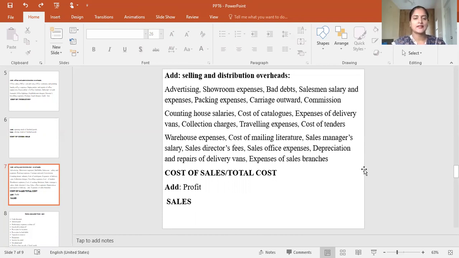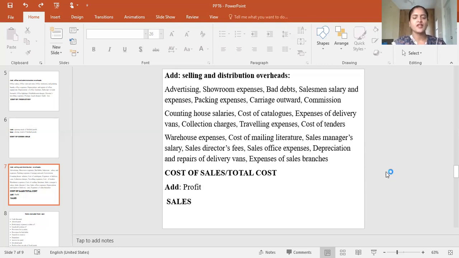That is advertising, showroom expenses, bad debts, salesman salary expenses, packaging expenses, carriage outwards, commission, counting house salaries, cost of catalogs, expenses of delivery vans, collection charges, traveling expenses, cost of tenders, warehouse expenses, cost of mailing literatures, sales manager's salary, sales director's fees, sales office expenses, depreciation and repairs of delivery vans, expenses of sales branches.